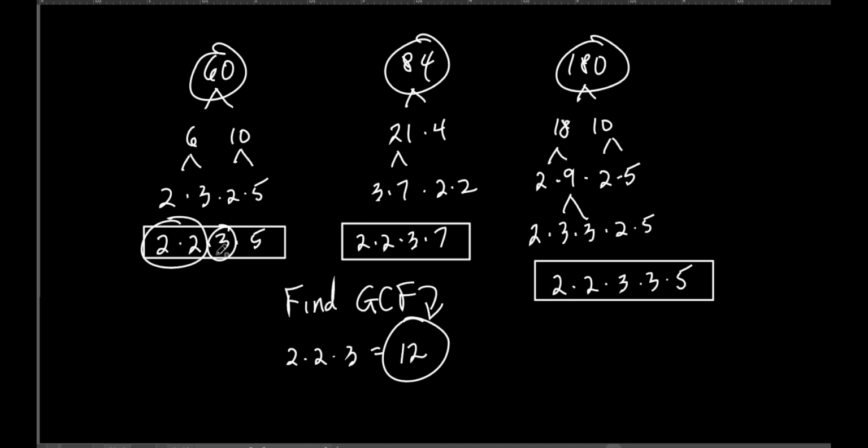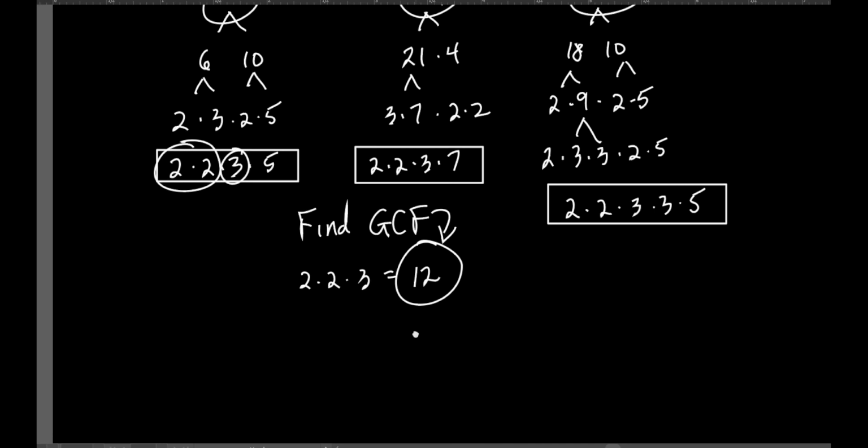For instance, like the 3s. I got 1 here, 2 here, all right? But I don't pick 2 of the 3s because I only have 1 here and 1 here. What if I had this? This has nothing to do with that number. I'm just making this up. What if I had 2 times 2 times 3 times, then I had another number.